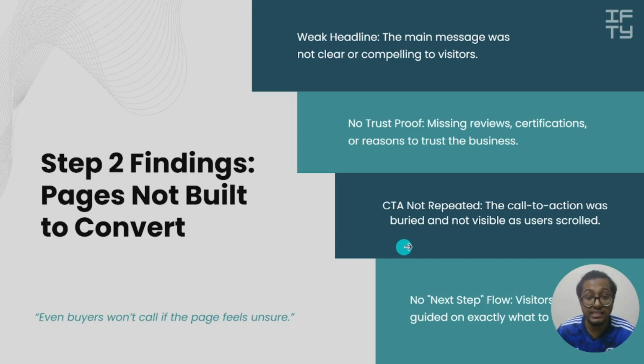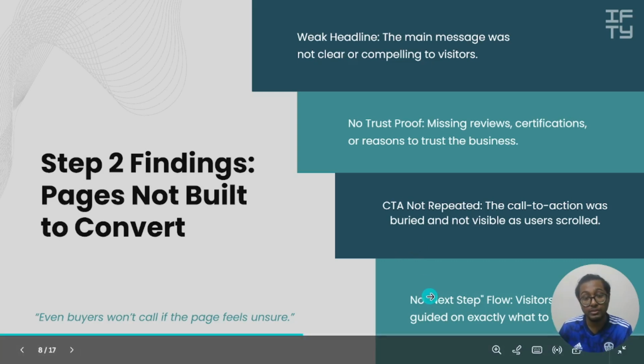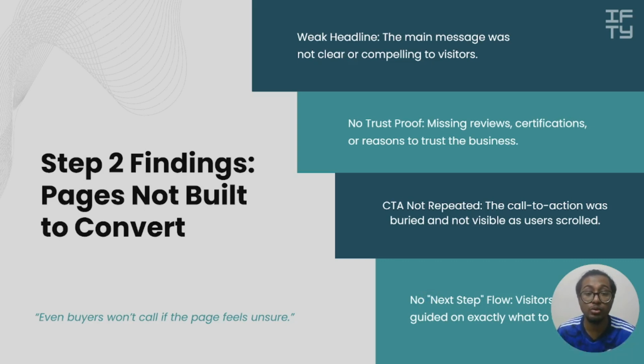Third, the CTA was missing or not repeated. The call to action was not visible as people scrolled down. And number 4, which is very critical, no clear next step. Visitors didn't know what to do after reading the page. Even ready-to-buy visitors will hesitate when the page feels unclear.